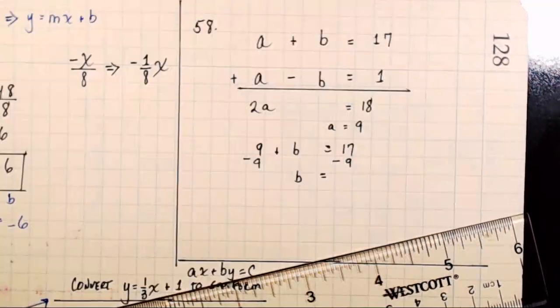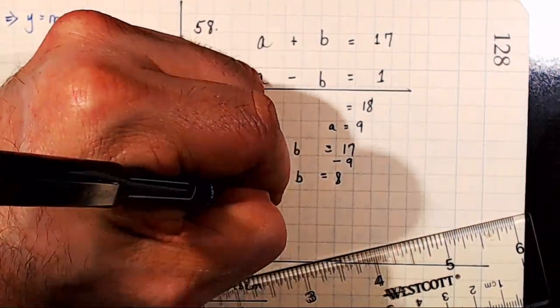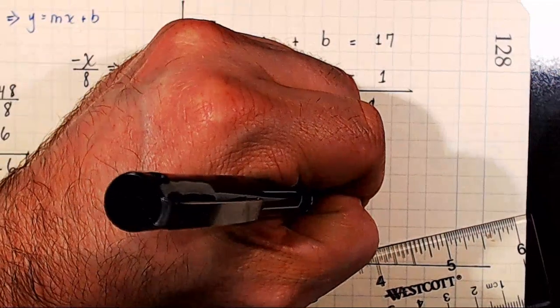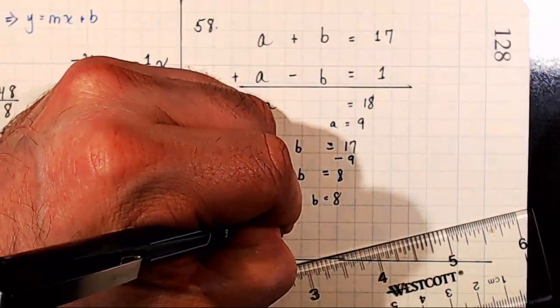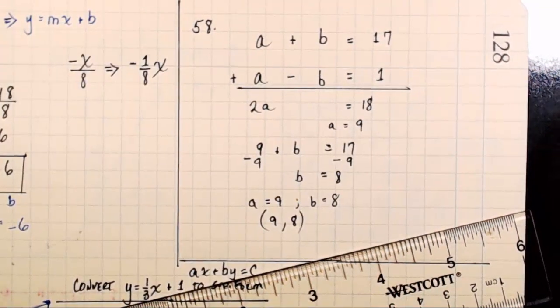B equals 17 minus 9, so B equals 8. And that means A equals 9, B equals 8. So you could kind of make this thing look like 9, 8, like that. That's one way to solve it using elimination.